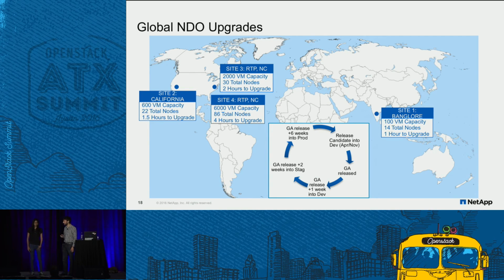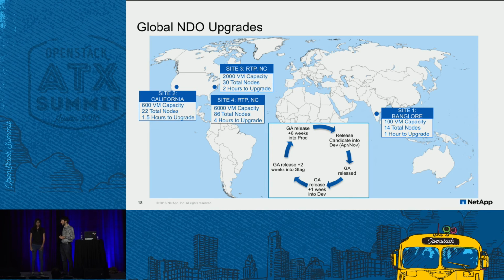If you look at this circular chart right here, we start with a staging type environment where we download a release candidate of RDO and test our Puppet automation there first, making sure that it both deploys and upgrades from the previous release, Liberty, to Mitaka, and do that in staging. We refine the automation there.